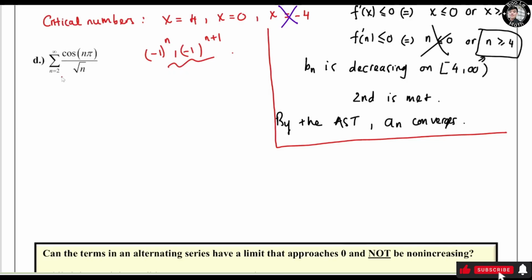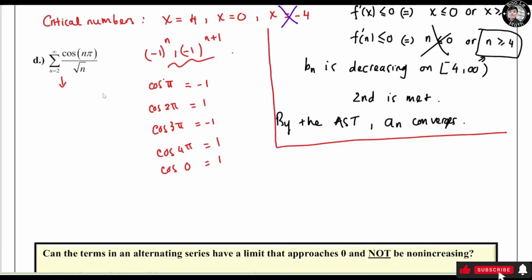Look at this: we know that cosine of pi equals -1, cosine of 2 pi equals 1, cosine of 3 pi equals -1, cosine of 4 pi equals 1, cosine of 0 equals 1.